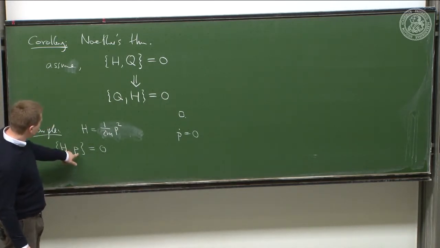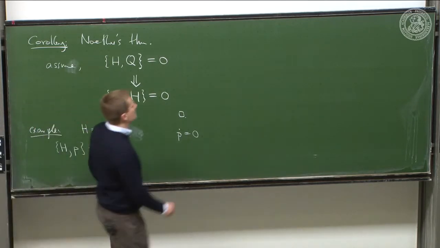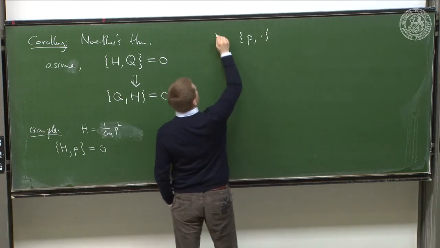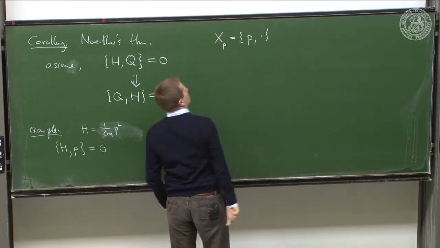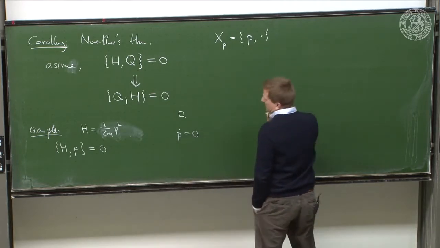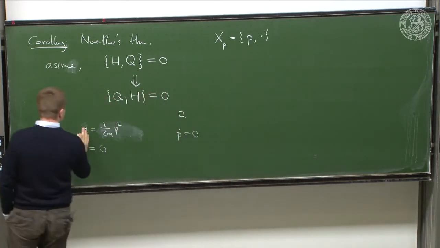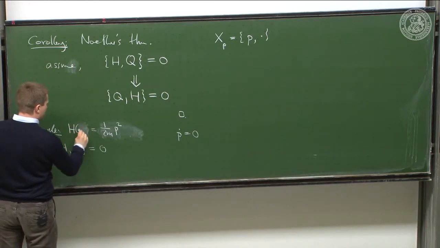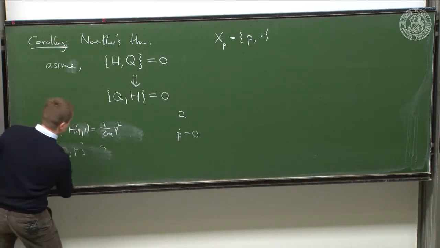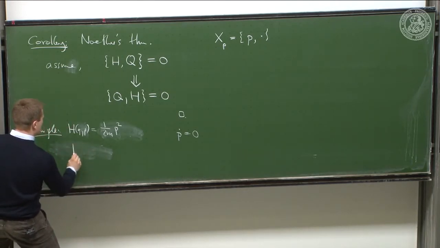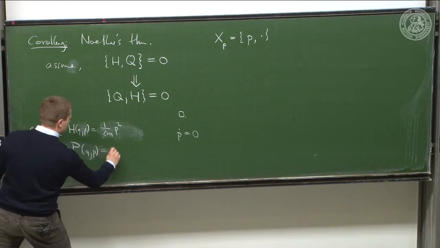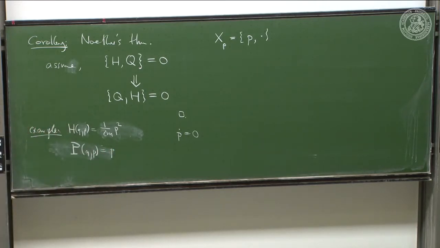However, you can also see that H is p conserved, and I would like to write down what the p conservation means. So there is this associated Hamiltonian vector field. Very strictly speaking, the H is a function of the Q's and the P's. And very strictly speaking, I should introduce another observable, capital P, that is a function of the Q's and the P's and is defined as the p.